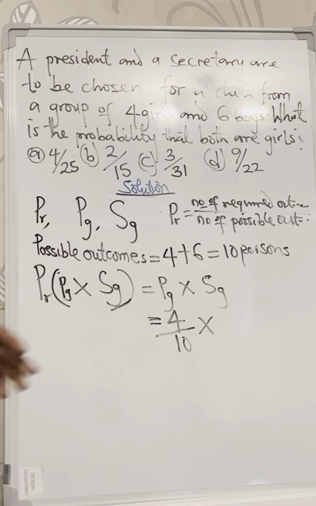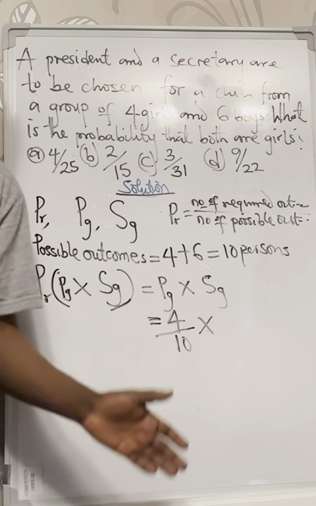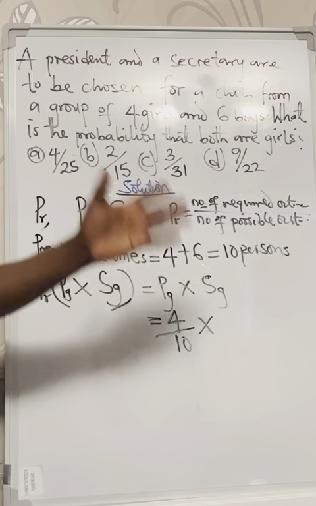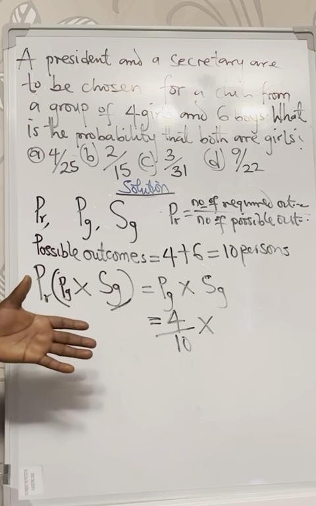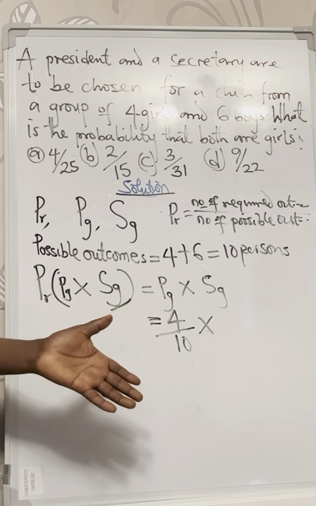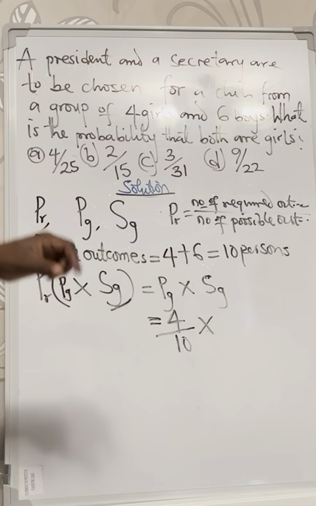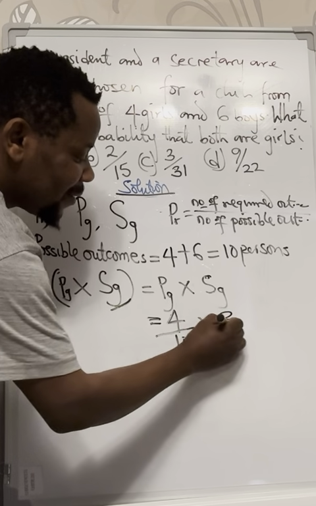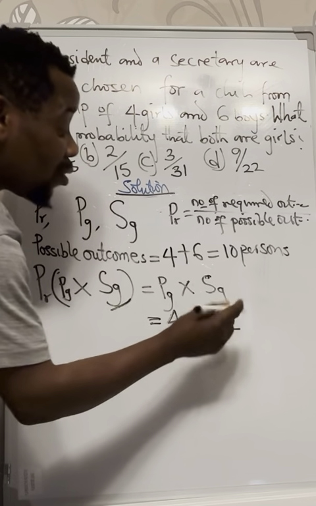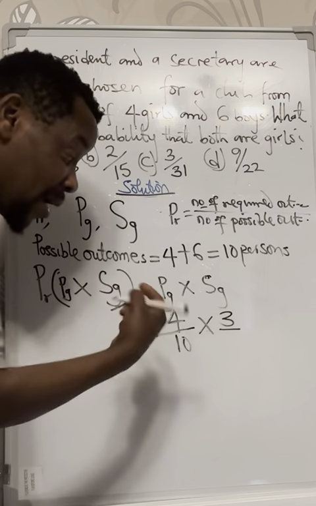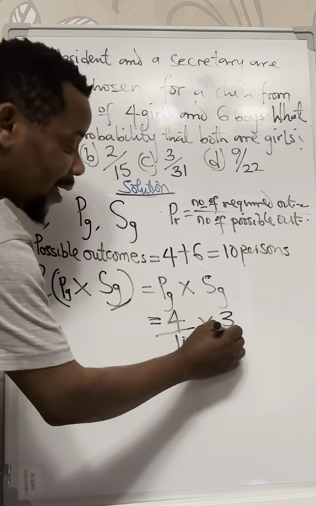It is now 9, because one person has been elected out of the 10 persons. The possible outcome of people from whom you are to elect the secretary is now 9, and the number of girls among those 9 people is now 3. So the probability of a girl being the secretary is now 3 over 9, because one girl, who is their president, has left already.